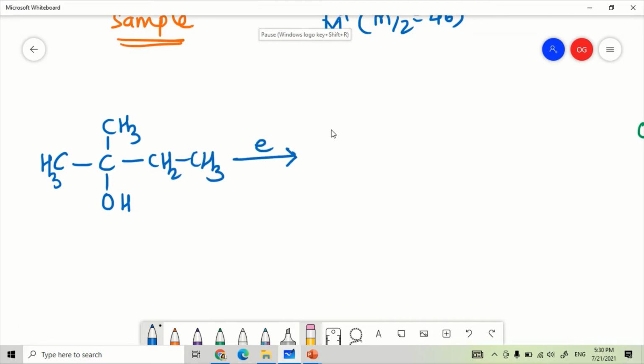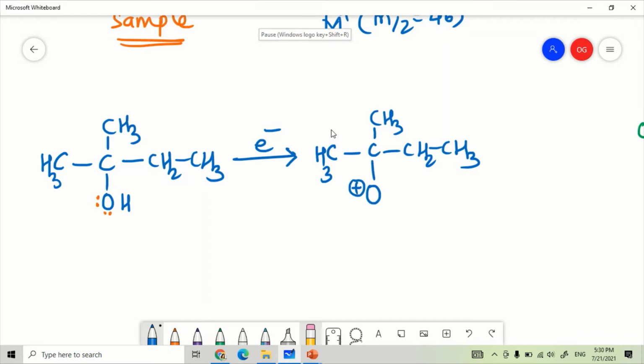My first step is writing this arrow and electron, and as I can see here an electronegative atom in my sample, the electron from the lone pairs can be removed during this collision. I am writing the structure as it is because from this oxygen one electron is gone, the other electrons are as such. So this is the molecular ion with m/z value 88.